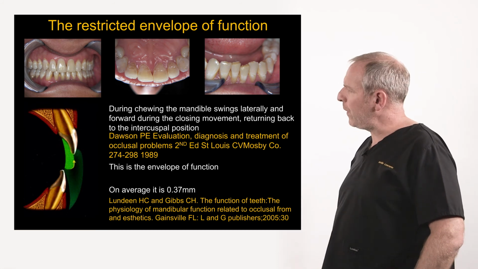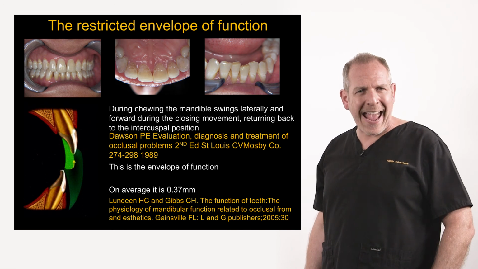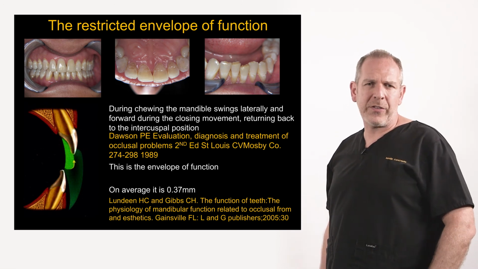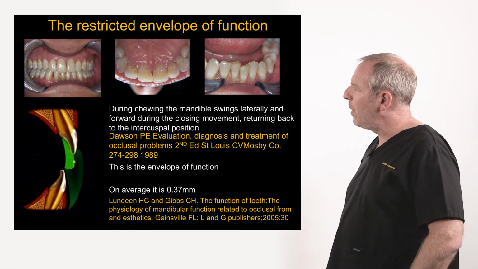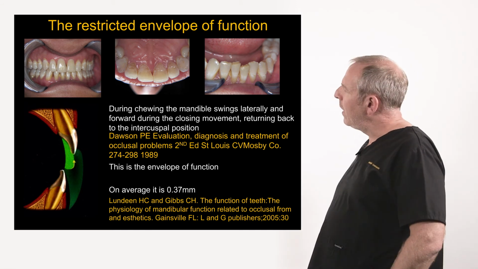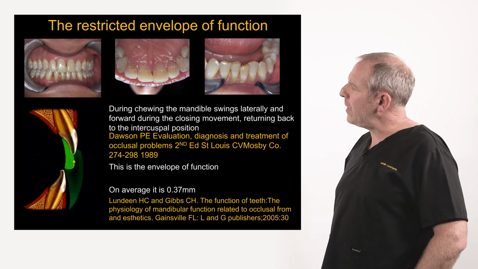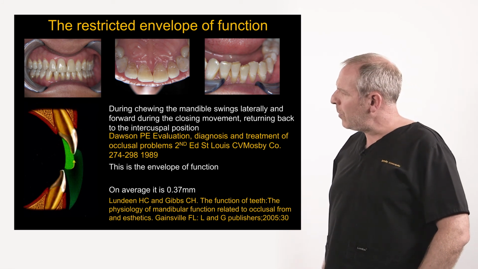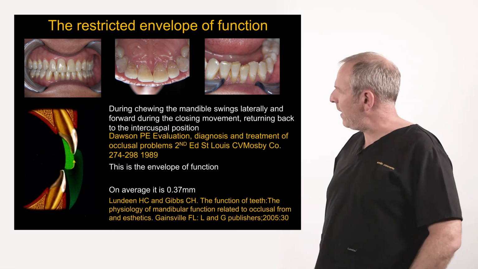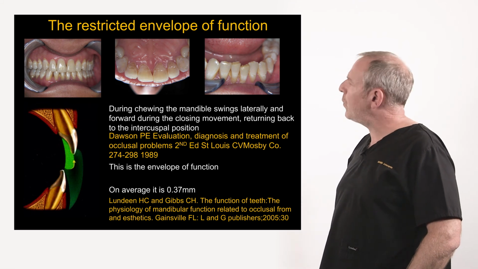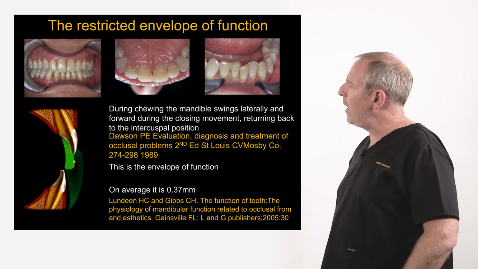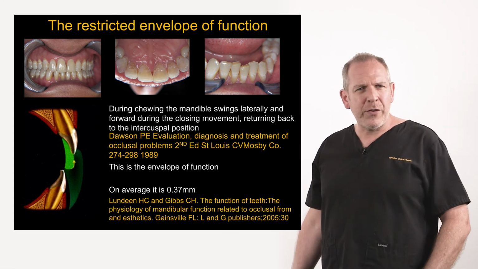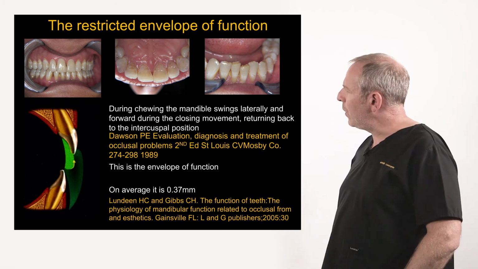And what you want for that is a sufficient overjet, and you actually want an overbite that is not excessive, so there is room for that to occur. In this case here, you can see the teeth are very vertical with very, very little overjet, and you can see that due to the occlusal plane issues in the mandible, there is a restriction here on the chewing.